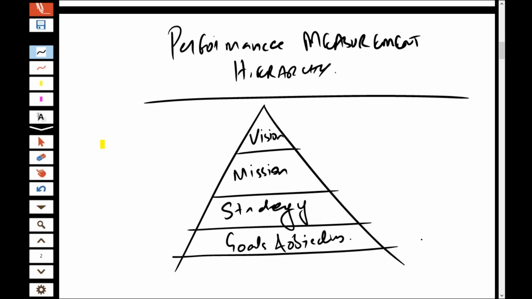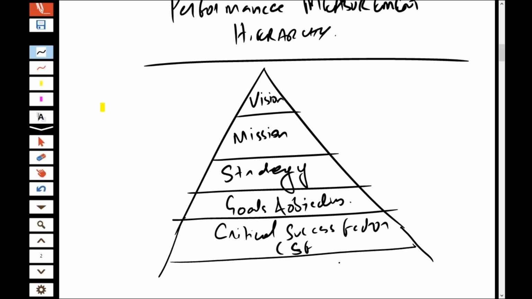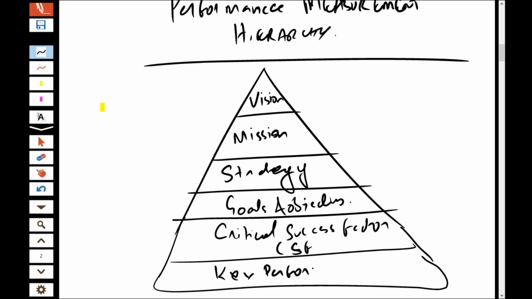After these goals and objectives, you've got the critical success factors, also termed as CSF. And after the CSF, you've got the KPIs, also termed as key performance indicators.